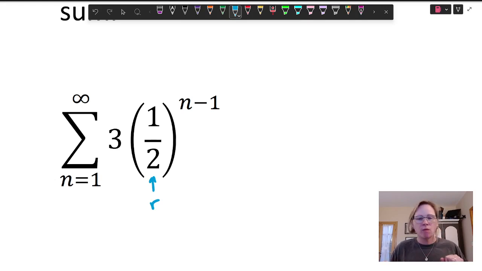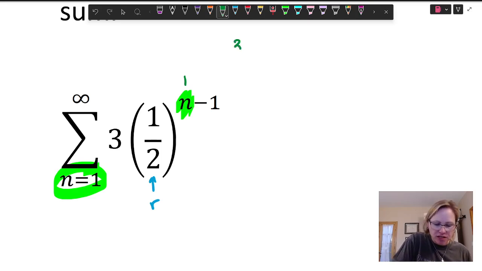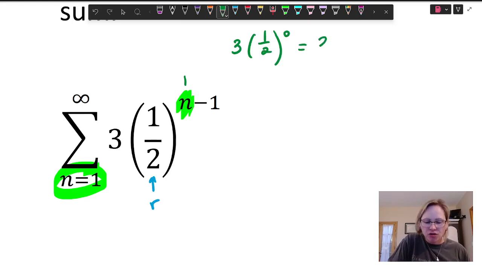Sometimes when we first learn geometric series, we are taught that the number out in front is our a value, our first term, but it's not always guaranteed to be that. In order to find our first term, we have to get in the habit of plugging that first number for n in for n. So when I put 1 in for n, I get 3 times 1/2 to the 0 power. Sure enough, here my first term just happens to be 3, but it's not always going to be that way.